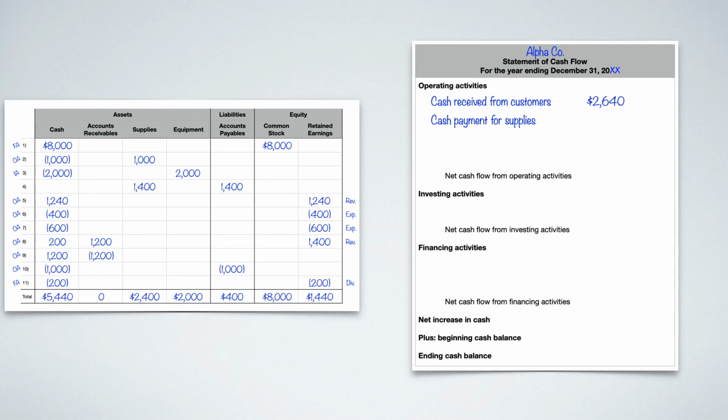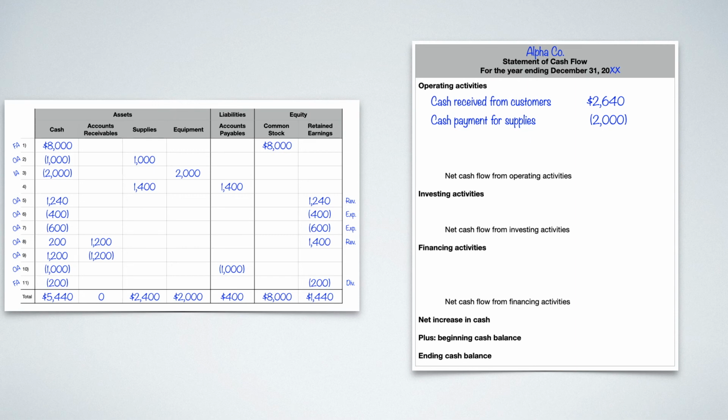Later on in transaction 10, I actually paid some of that off in cash. So my cash payments for supplies is actually only $2,000, not $2,400, because I haven't paid cash in $2,400 yet for supplies. I still owe that $400. So my cash payments for supplies is negative $2,000. Notice I am putting parentheses here.